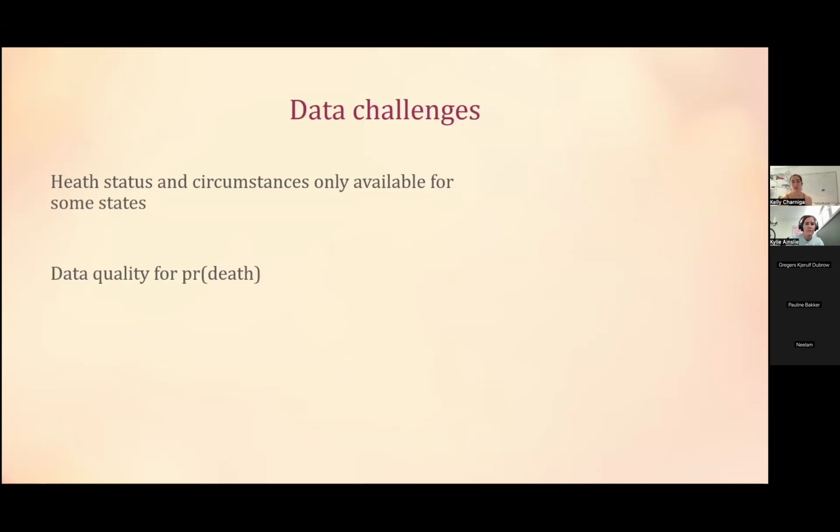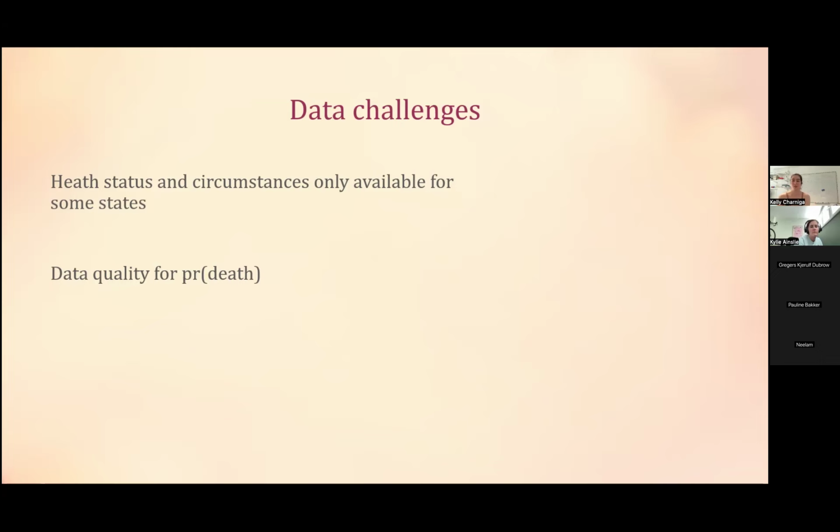Okay, so for data challenges, some of the other variables we were interested in, like I said, were not available for all the data for all the states because it's not required. And then data quality for the probability of death. Because we've had rabies vaccines for so long, actually, it was invented by Louis Pasteur in the 1800s, we don't have that good of data about what happens when somebody gets bit and they don't get vaccine.